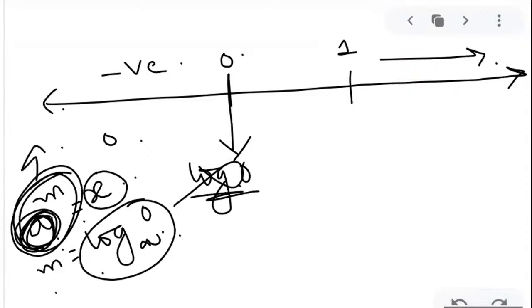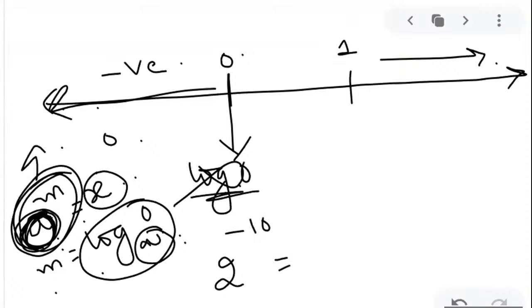All right. And for all the negative numbers also, if your base is positive, if I have 2 power, let's say, minus 10, can this ever be negative? As long as your base is positive, you don't have any negative.